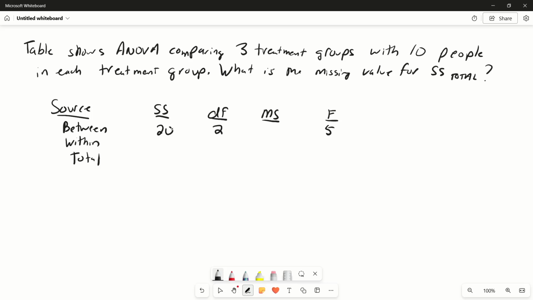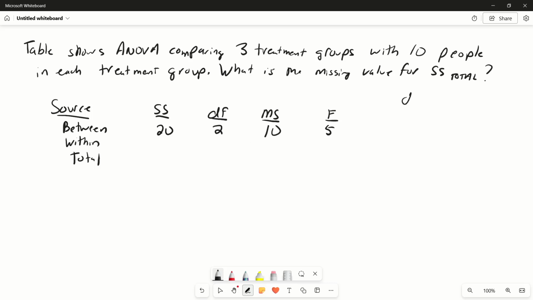We then know that 20 sum of squares divided by 2 degrees of freedom gives us 10 mean squares between. So we have finished off the mean squares between. We need to do the mean squares within, or at least find the sum of squares within to get the sum of squares total.